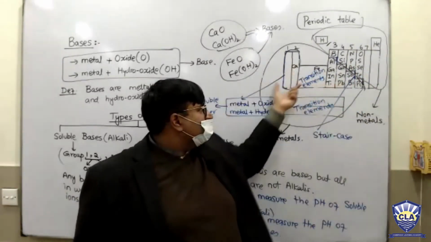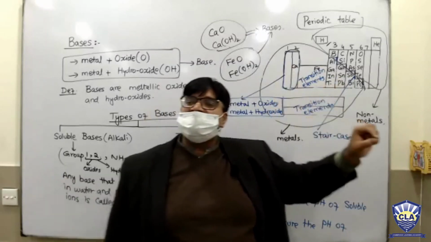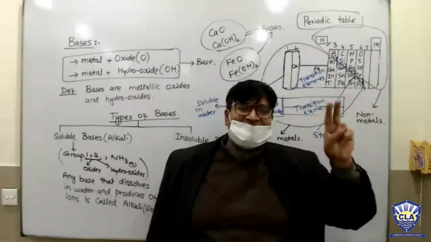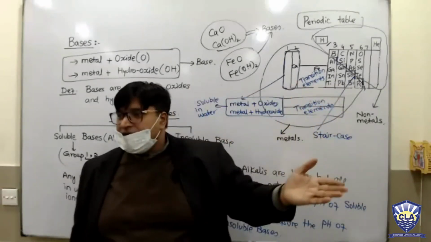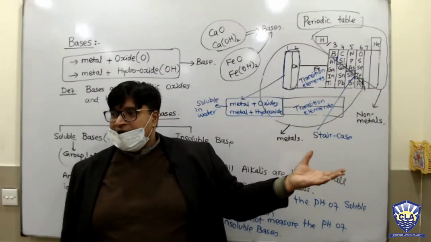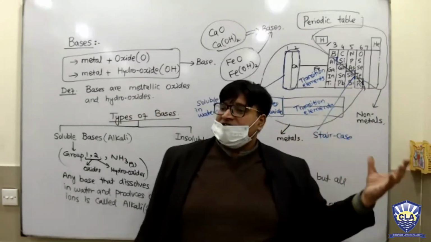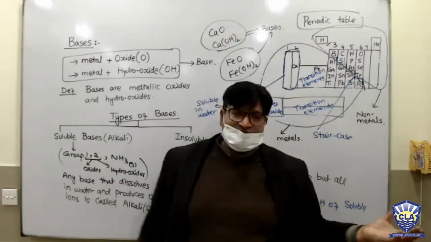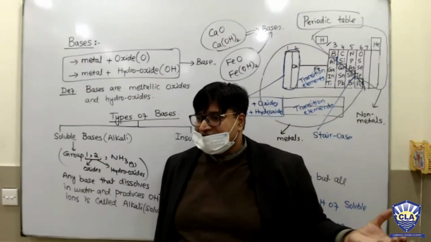If you take any metal from here and join oxygen or OH with it, that thing would become a base, and bases are of two types, soluble and insoluble. Soluble bases are alkali. Those bases which dissolve in water and produce OH minus ions are called soluble bases or alkalis.